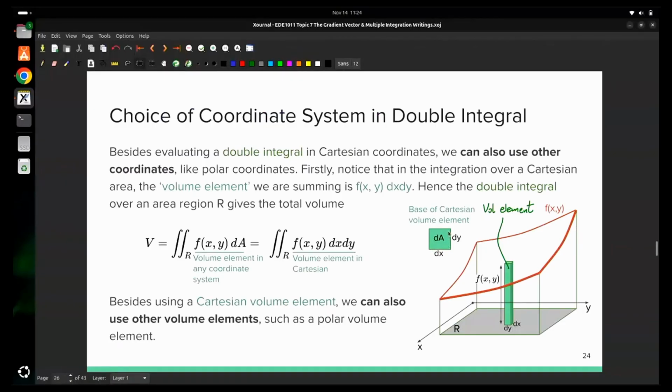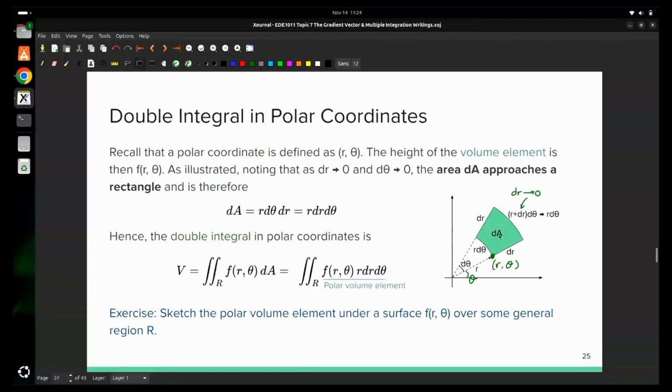But because the polar element is not like a nice rectangle, it looks like an arc, like a sector or section of a circle, if you will. Okay? But then, because dr is very short, and d theta is also very small, a very small change in angle, this shape is going to approach more like a rectangle as well, right?